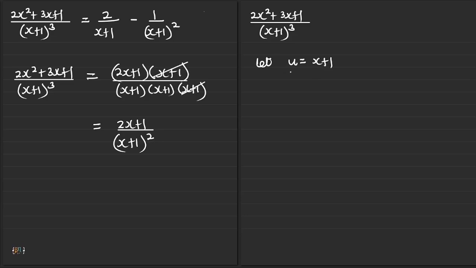You see, so if u is equal to x plus 1, then it will imply that, making our x the subject, our x is equal to u minus 1. So with this u minus 1 you have as your x, you substitute it into any value of x you have here. So that is to say, let's substitute x equals u minus 1 into the numerator.